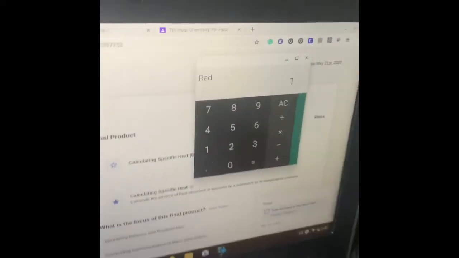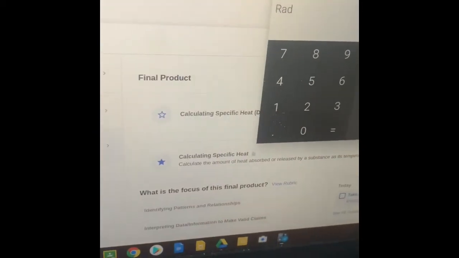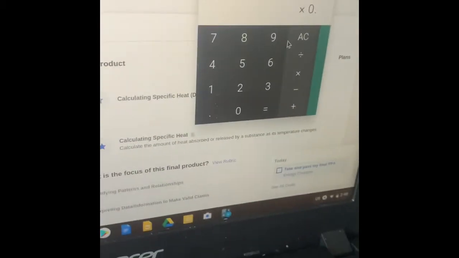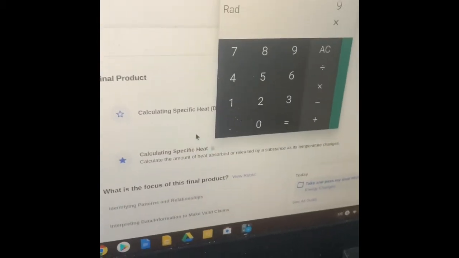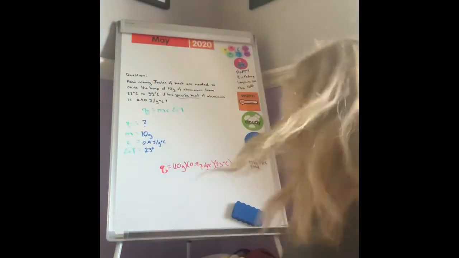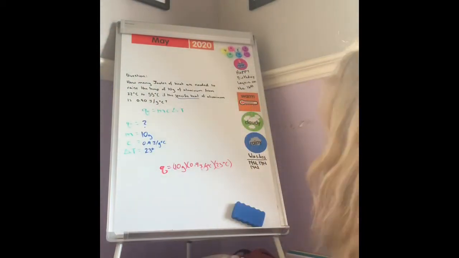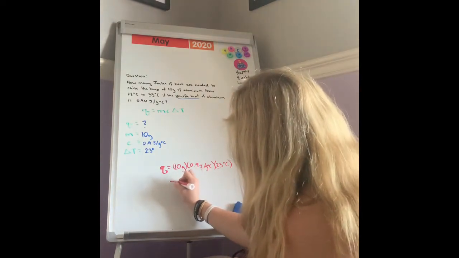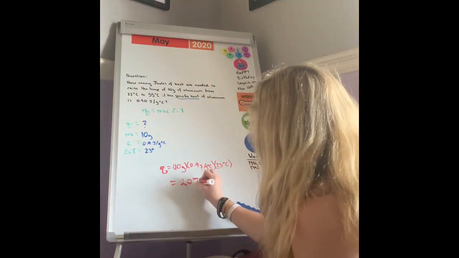So it's 10 grams times 0.9 times 23. And we get 207. So this is equal to 207.